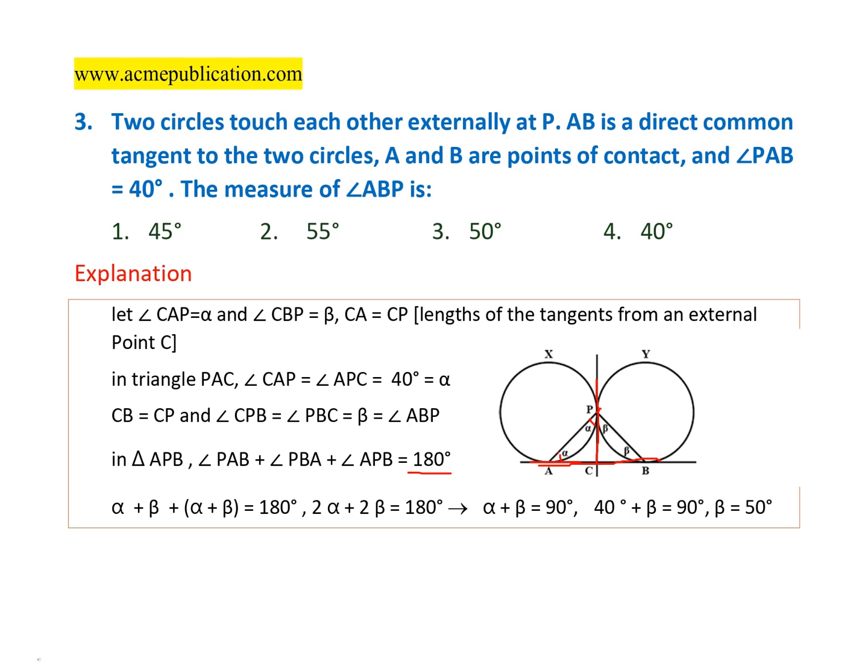Hence 2 alpha plus 2 beta is equal to 180. So alpha plus beta is equal to 90. On putting the value of alpha, we get beta is equal to 50 degrees. So angle ABP will be 50 degrees.